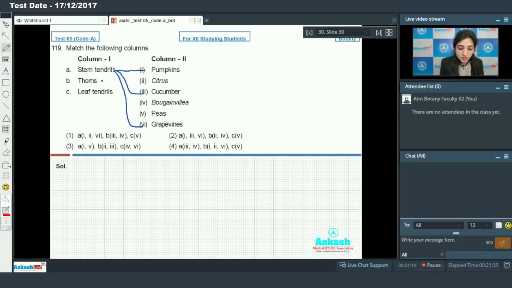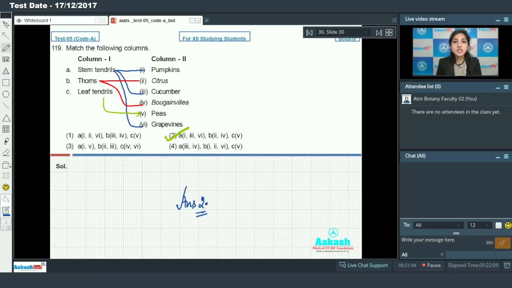Talking about thorns, which are a modification of stem, they are found in citrus and bougainvillea. And the leaf tendril is found in peas. So by analyzing all the options, the answer to this question is option number 2.